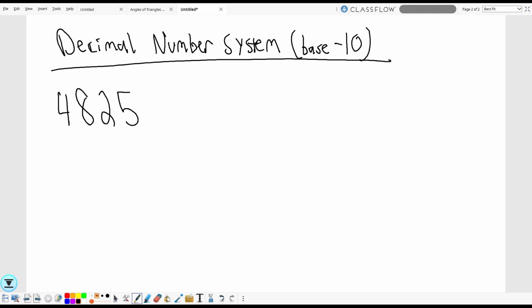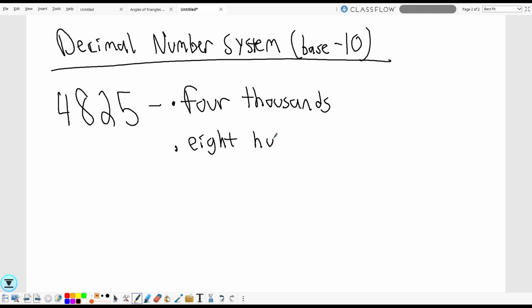But when we say out this number, 4,825, what we're really saying is that we have 4 thousands, 8 hundreds, 2 tens, and 5 ones.